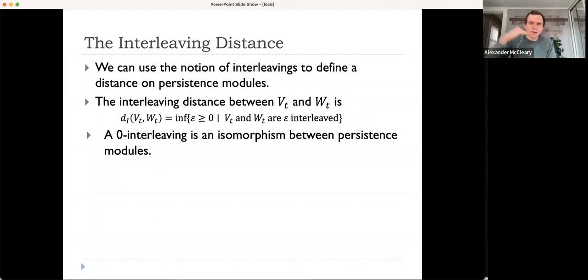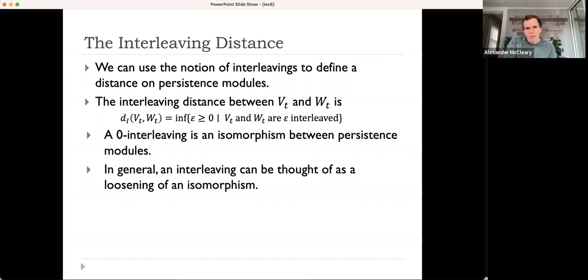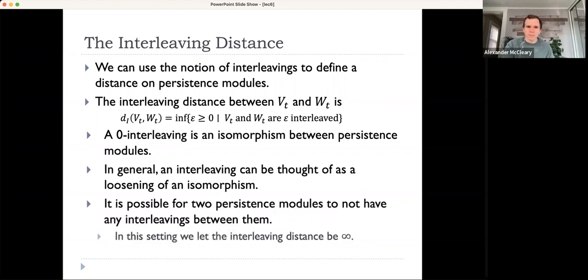But now maybe they're not isomorphic, and the interleaving distance is telling us how far apart they are from being isomorphic. Right, and so that's the way you want to think about these interleavings, as a loosening up of an isomorphism. Now, it is possible that two persistence modules might not have any interleavings between them. If this is the case, we just say that the interleaving distance is infinity.